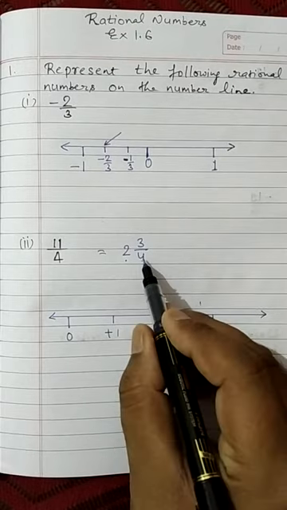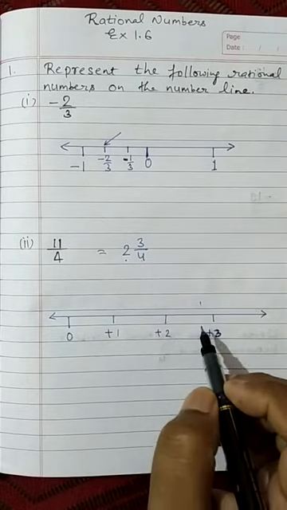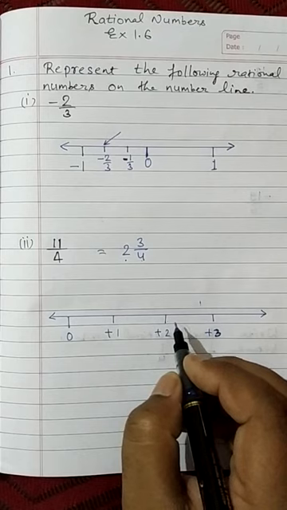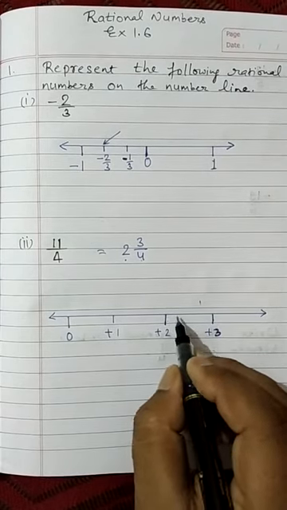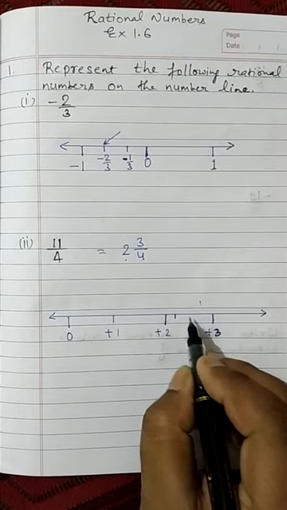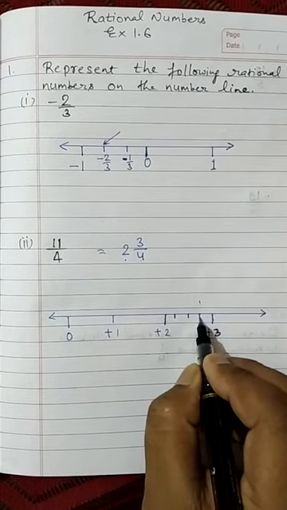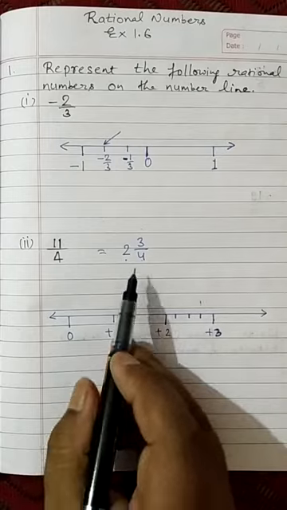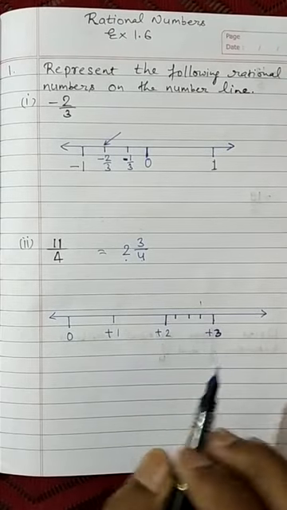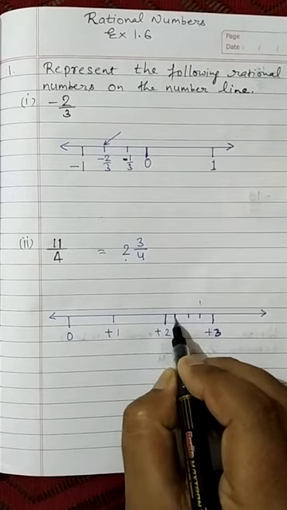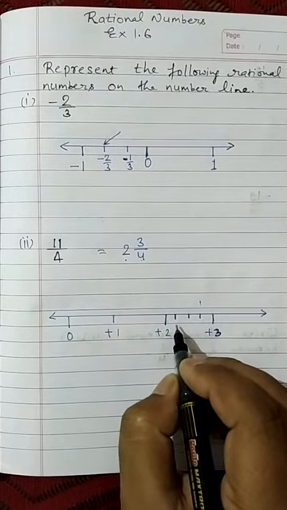Because denominator has 4, so we will mark here 3 equal cuts so that we have 4 equal sections between them. 1, 2, 3. Now we have 4 equal sections. 1, 2, 3, 4. First one is 1 upon 4.